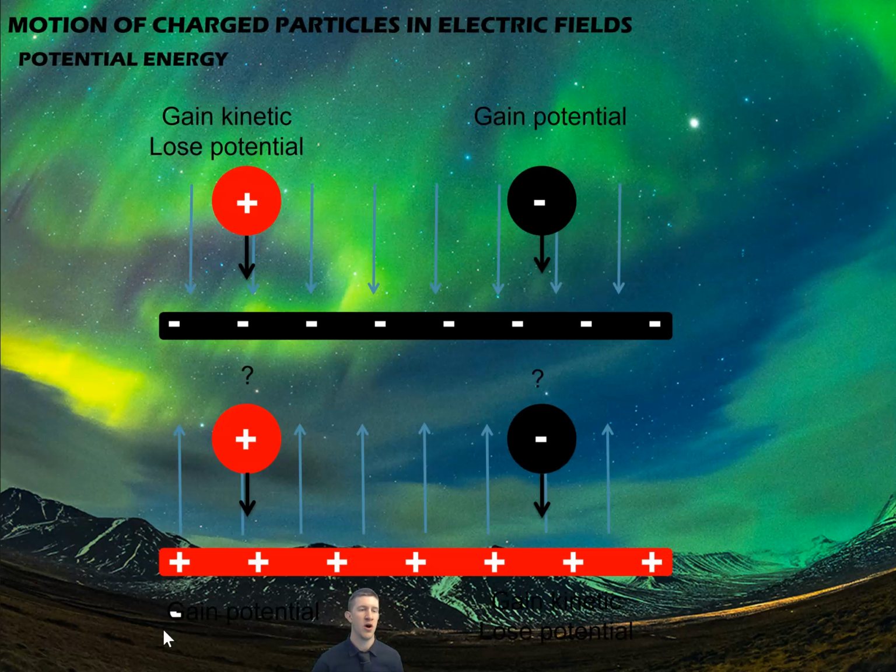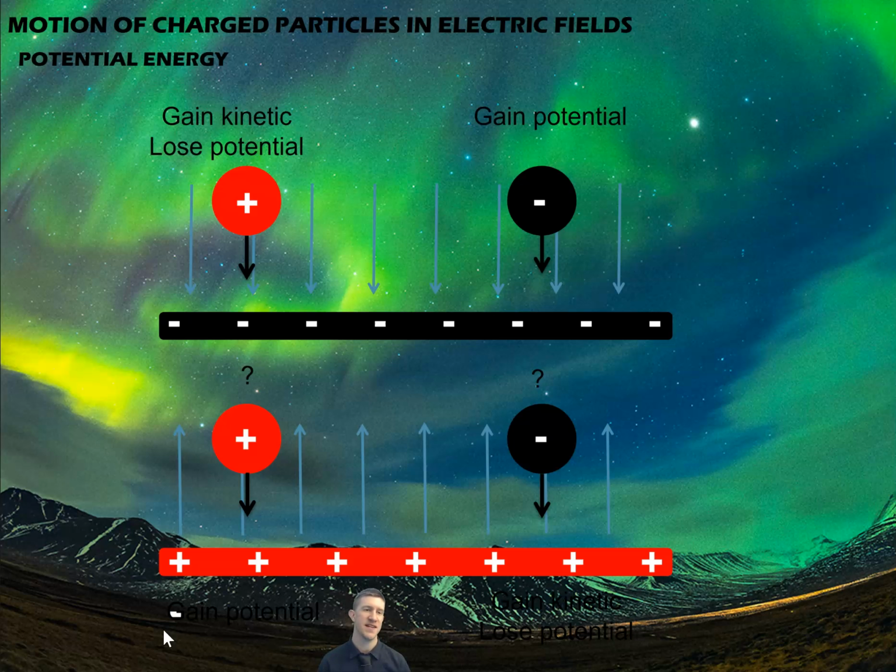Here we've got an example of two different types of charged plates, or field lines. In the top example, we've got a negatively charged plate, and the field lines are moving towards it. So if I had a positive and a negative charge, I can see what's going to happen to them if they're placed within that field. The positive charge is attracted to the negative plate, so it's going to speed up, it'll accelerate towards it, therefore it's going to gain its kinetic energy and it's going to lose whatever potential it had.